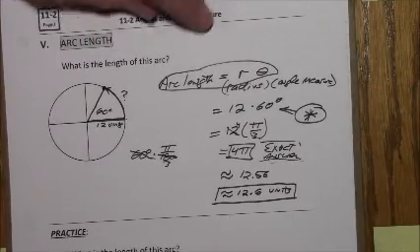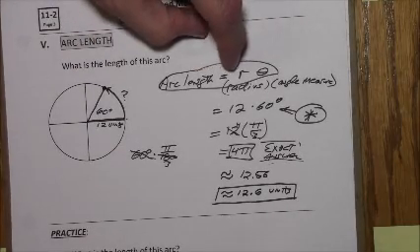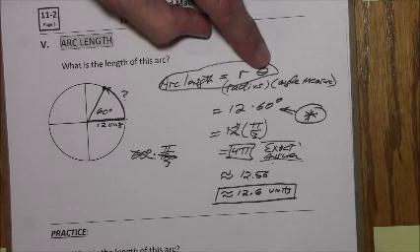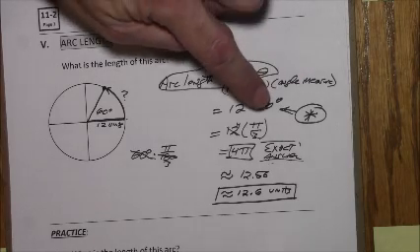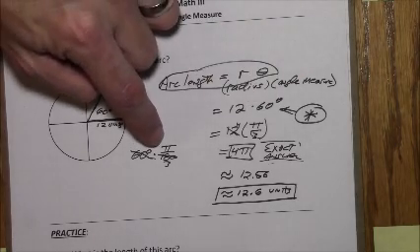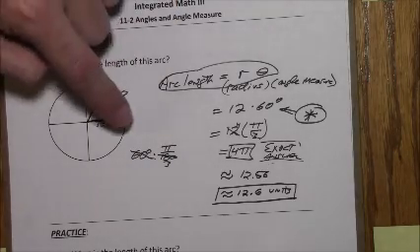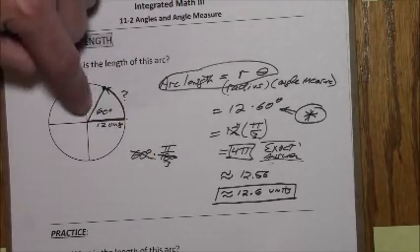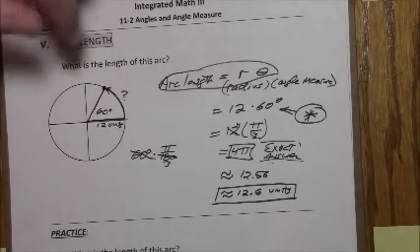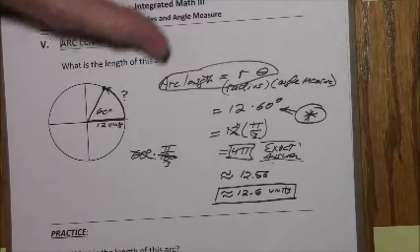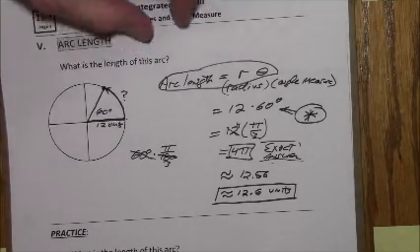So the steps to this are to remember that the arc length is equal to the radius times the angle measure. The angle measure has to be changed from degrees into radians, unless you're already given that, but you probably aren't. Or you may even recognize that 60 is pi over 3, or other ones, as you memorize the unit circle.